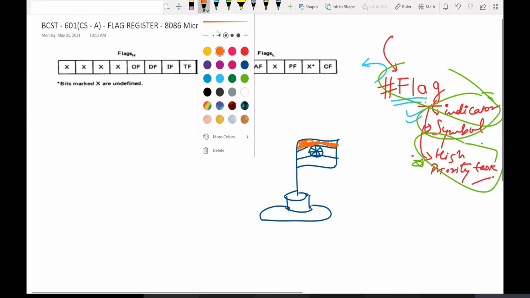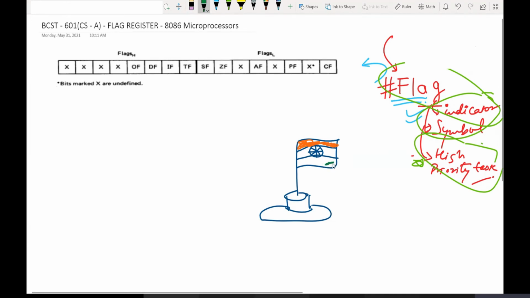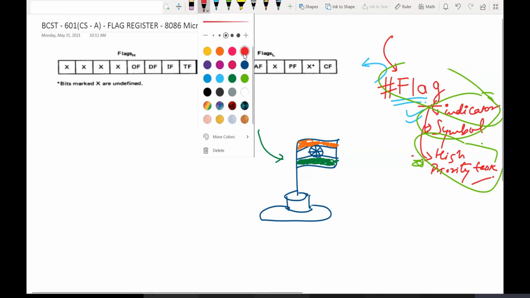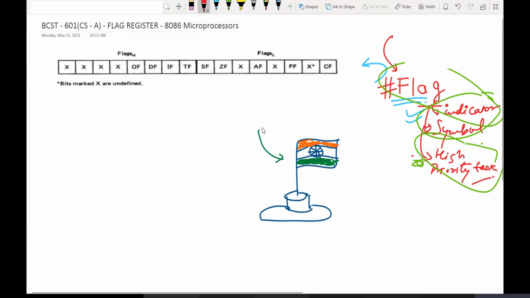What does that flag indicate? That this particular region belongs to the flag's owner.